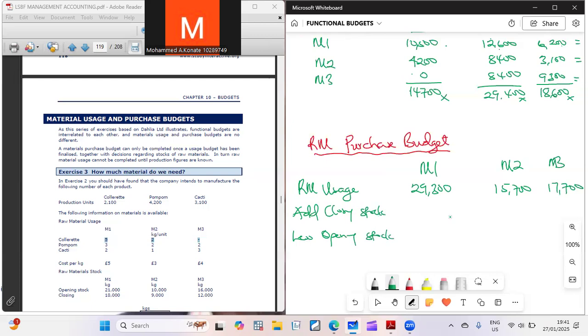Okay. Now the closing and the opening we were given. The closing for M1 is 18,000 and the opening is 21,000. The opening for this one is 9,000 and the closing is 10,000.